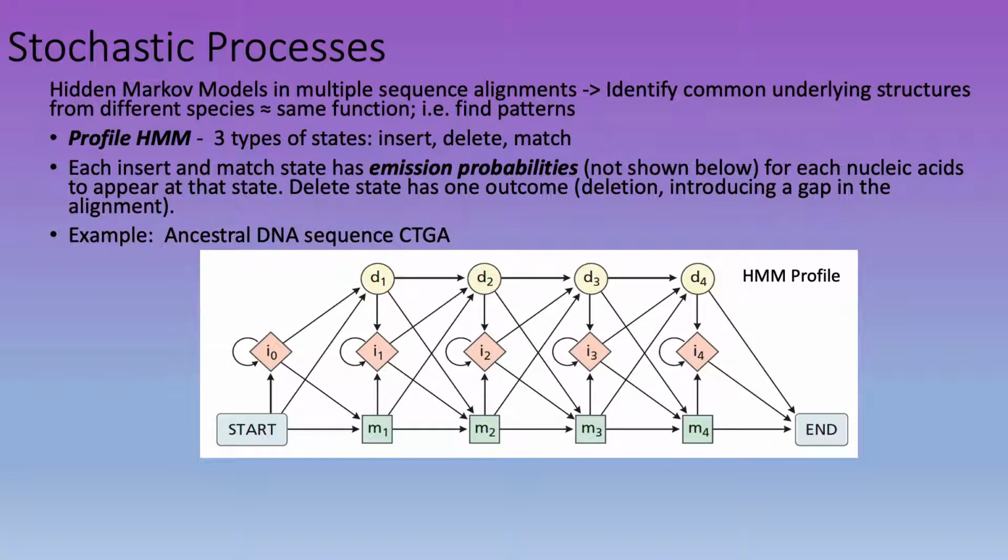I want to specifically talk about how we can apply them to look at sequence alignment. And so we're going to be doing hidden Markov models in multiple sequence alignment. And these models actually originally came from language analysis, which is pretty cool. But we're going to be using them to try to identify common underlying structures from different species.